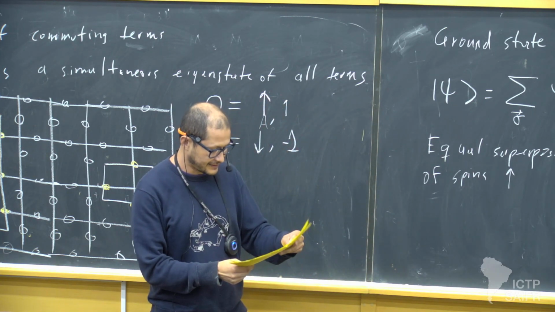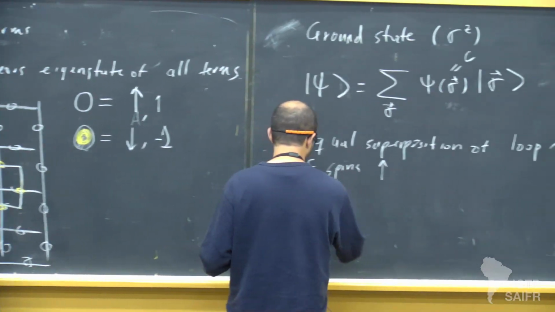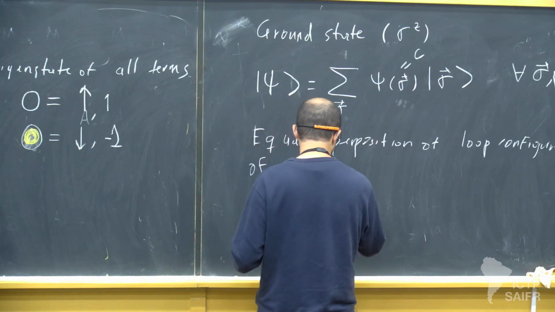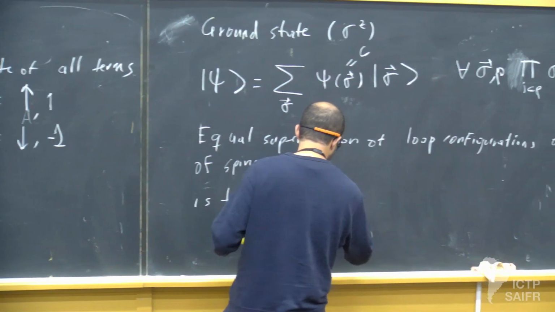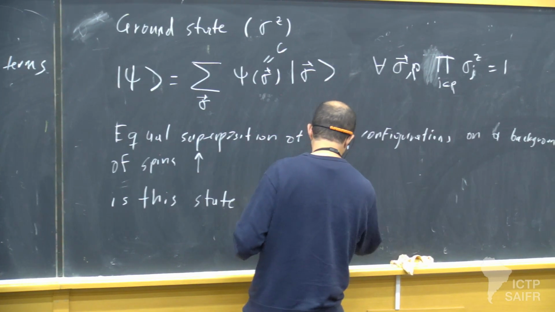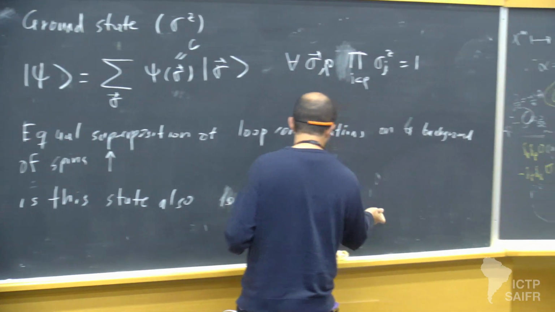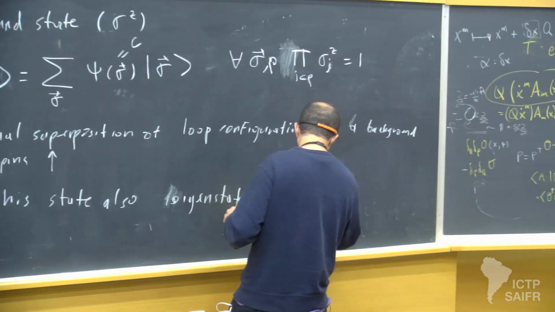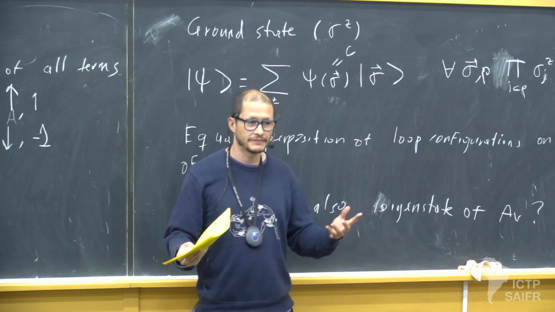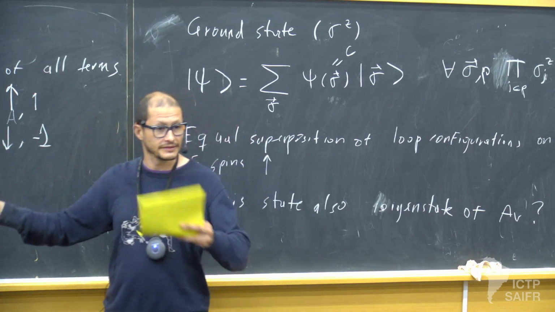But then we can also ask the question, is this state also an eigenstate of A_v? Because that was one of the conditions for the construction, because they all commute.